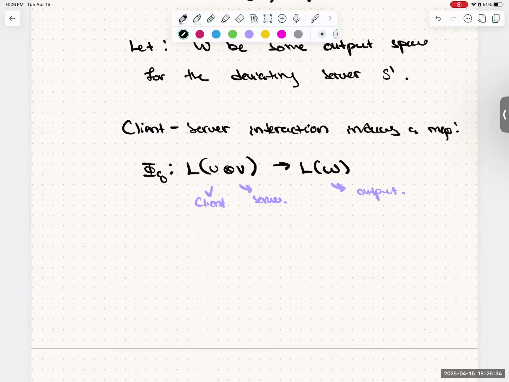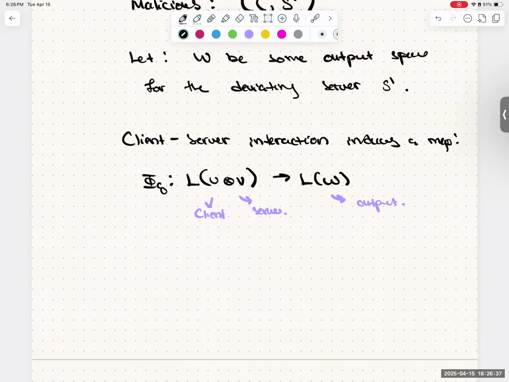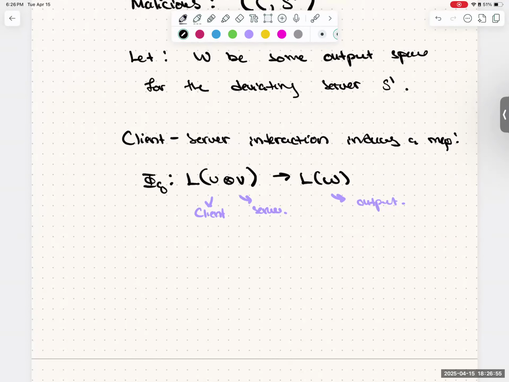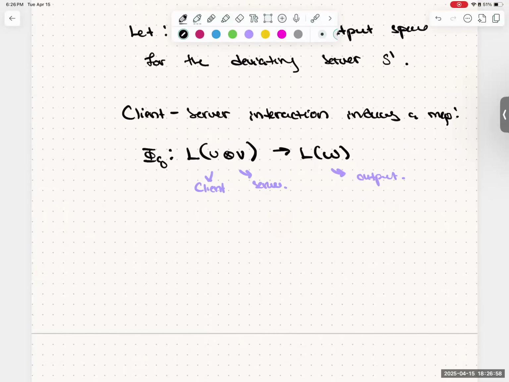So what is this trying to model? The idea is that in principle, the client and server have some joint quantum space that they share, in which they're actually sending qubits and classical information back and forth. And this interaction induces a map in the sense that the server is going to try to extract some information from this input state space and then perform some operations on it in some output space, maybe in order to get some information about the computation being performed.